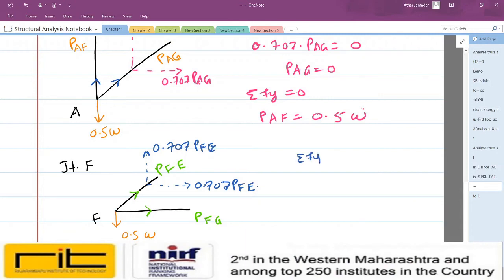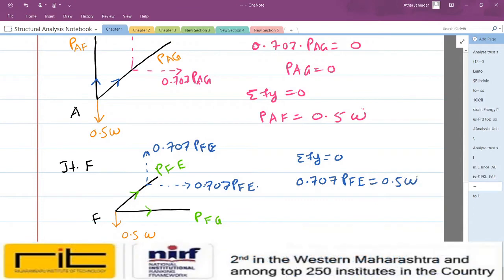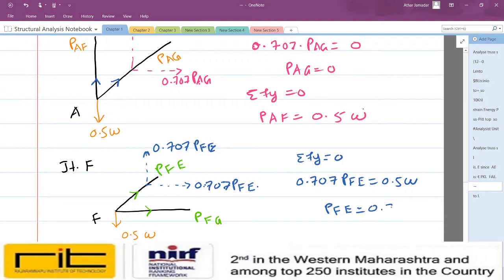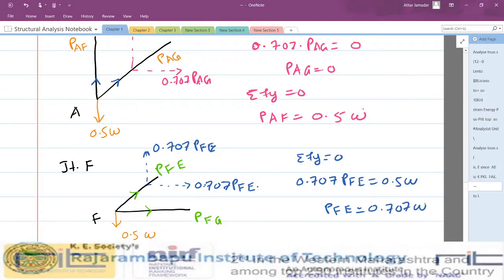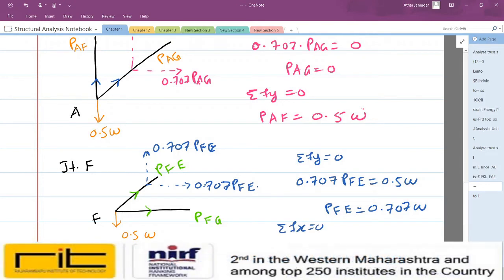If we take summation of Fy is equal to 0, you will get 0.707 times PFE is equal to 0.5 times W. So PFE is going to be 0.5 by 0.707, which is equal to 0.707 times W. If you take summation of horizontal forces equal to 0, then you will get this PFG.